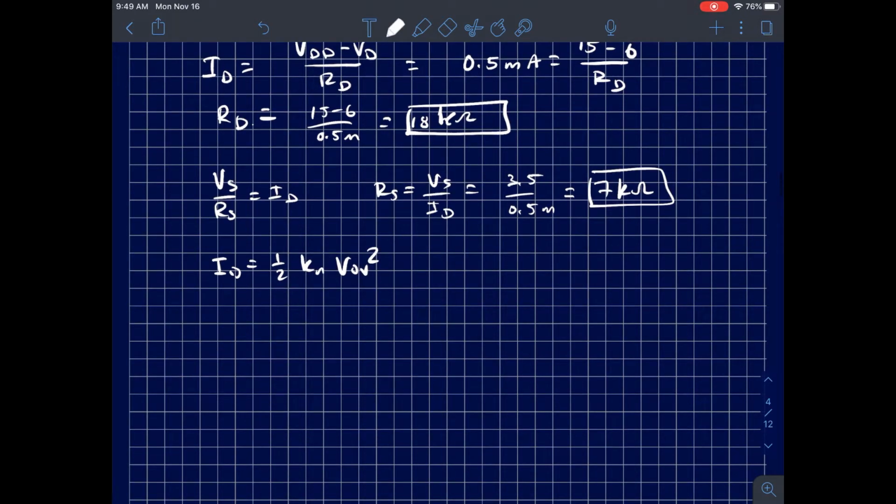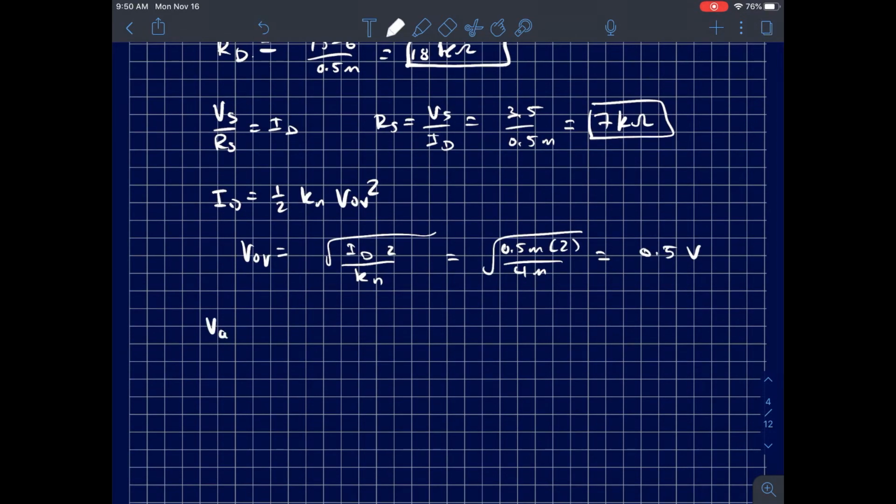I also know that ID is equal to 1/2 Kn V overdrive squared. So we can solve this for V overdrive. V overdrive is equal to the square root of ID times 2 divided by Kn, which is the square root of 0.5 mA times 2 over 4 mA. That's equal to 0.5 volts.